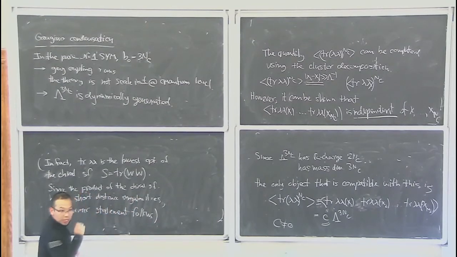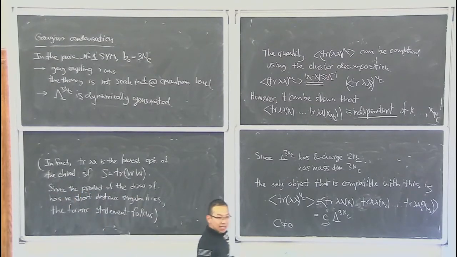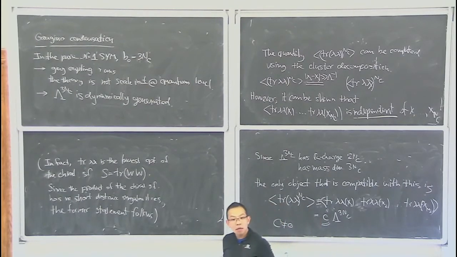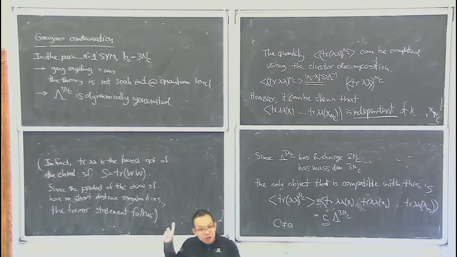Of course, I will show this more explicitly later, but this is why this is independent of the position. Sorry, maybe you studied why it doesn't have short distance singularities? I will show it.